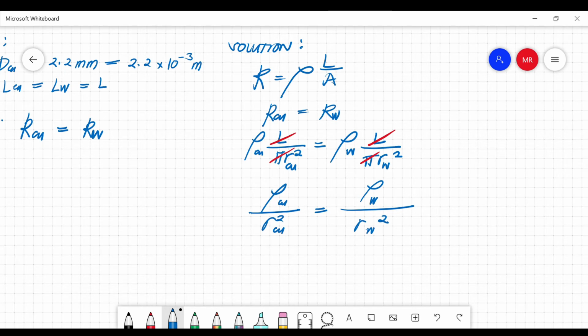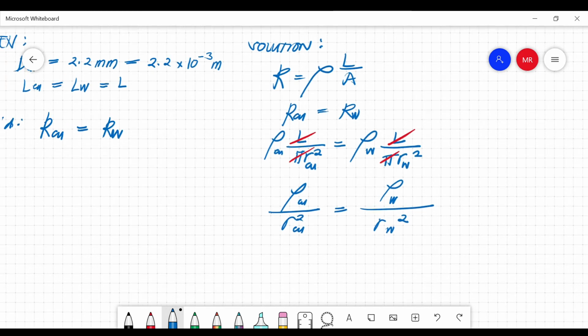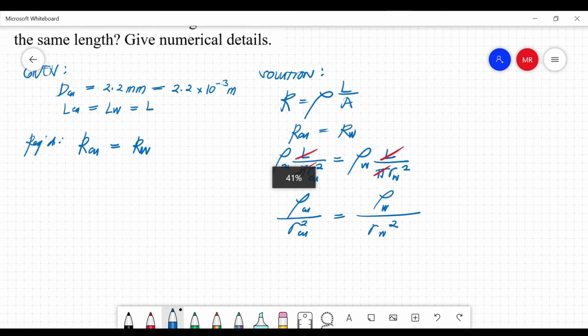Now, as we can see from the given, the radius can be derived, because the given is the diameter of the copper. So half of the diameter will be the radius.